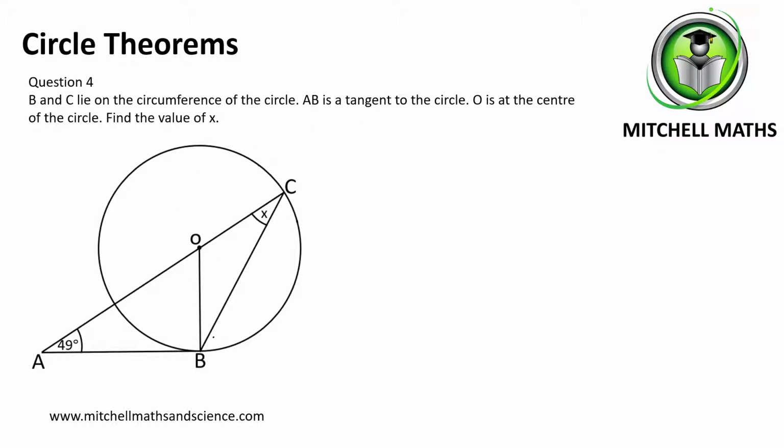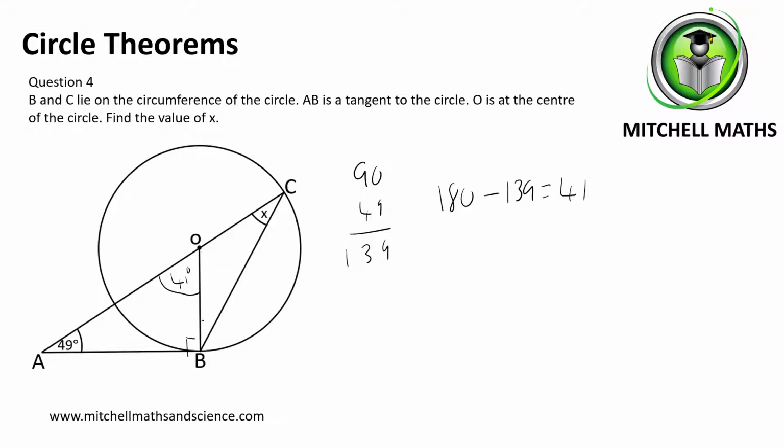We know when a radius meets a tangent, it forms a 90-degree angle. Therefore, if we do 90 plus 49, that's 139. And then we can do 180, take away 139, which will equal 41 degrees. So therefore, this angle here is 41.